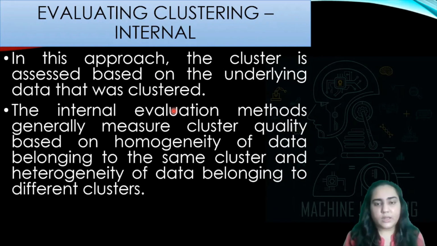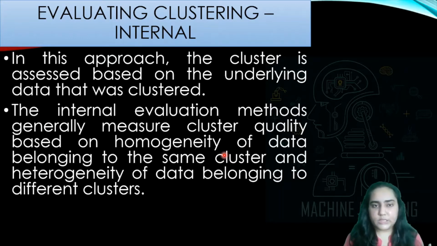Okay, and so what they do is generally measure cluster quality based on homogeneity of data belonging to the same cluster and heterogeneity of data belonging to different clusters. Homogeneity means similarity. So when the data belongs to the same cluster, how similar is that data? And heterogeneity is the opposite, dissimilarity.